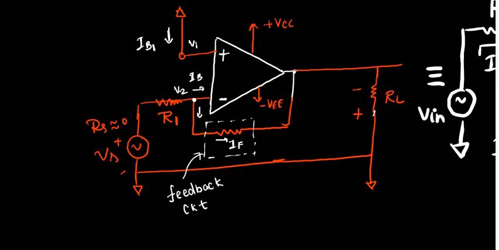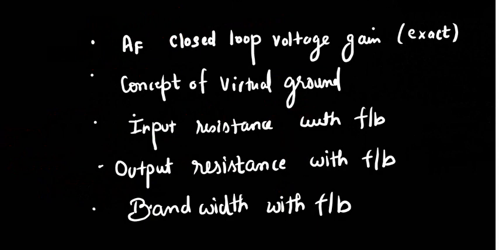If there are some subtle points we can discuss, but not the whole derivation, because it will again take 2 classes. As an exercise, you have to find out the closed loop voltage gain AF for this configuration, and everything is given in the book.